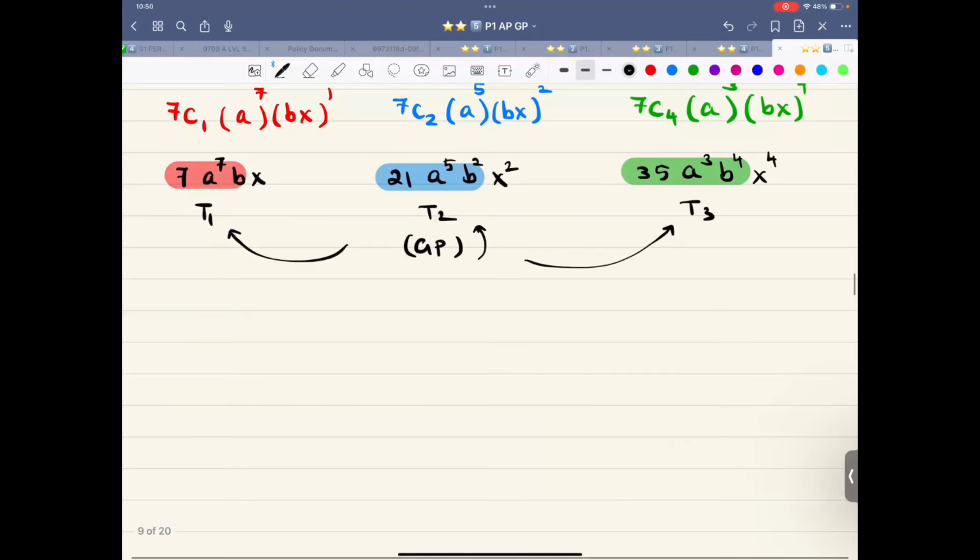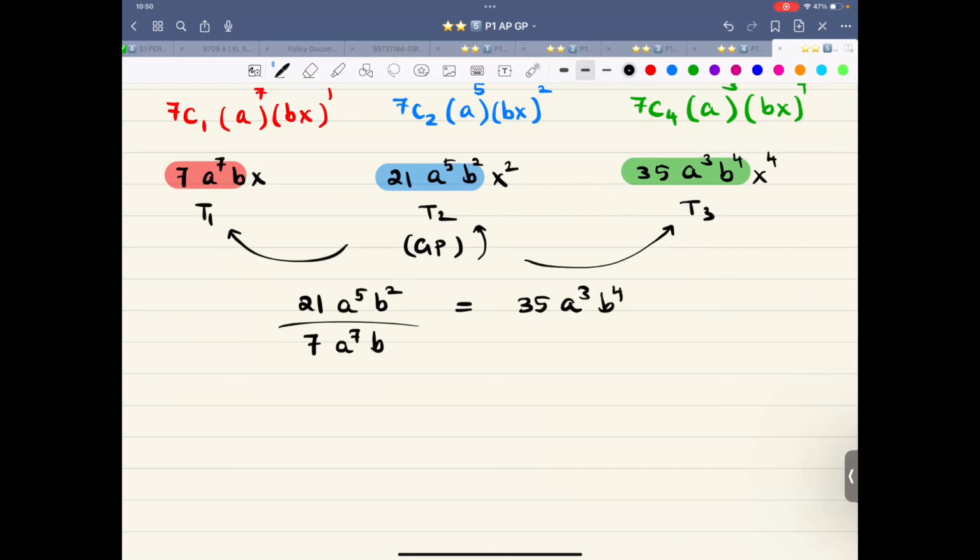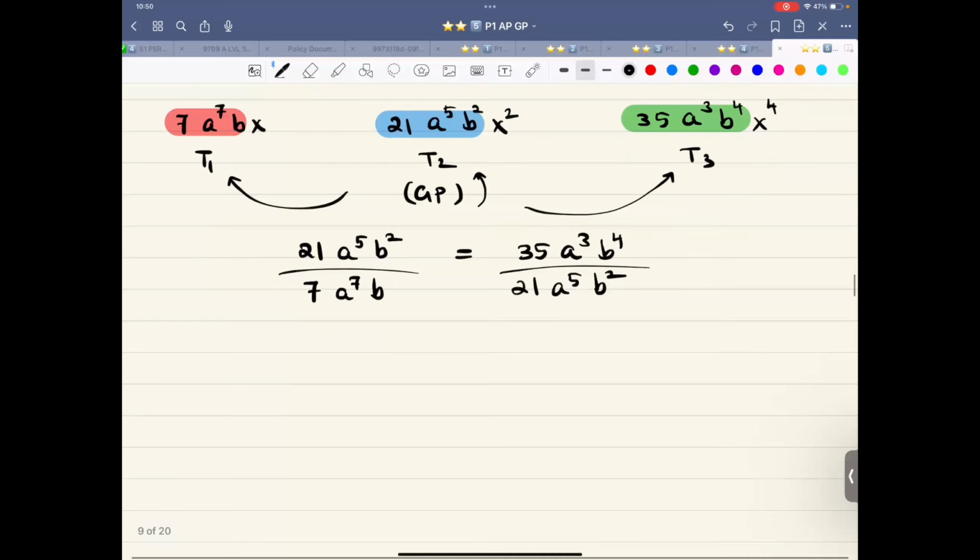So common ratio, that is 21 a power 5 b square divided by 7 a7 b power 1, that is 35 a cube b power 4 divided by 21 a power 5 b square. Now simplify first. 7 ones are 7, threes are 7, threes are 7, fives are.